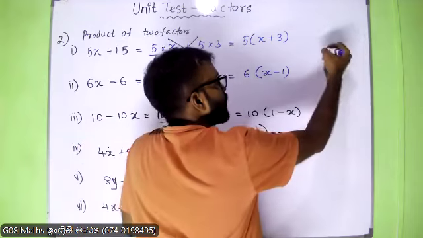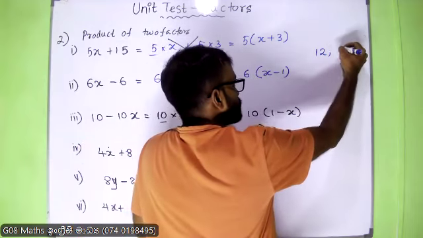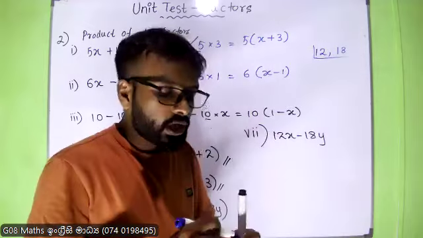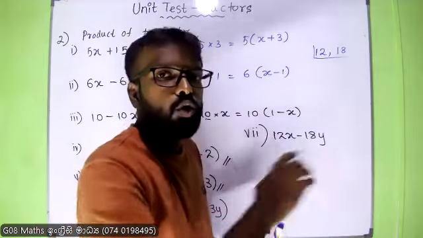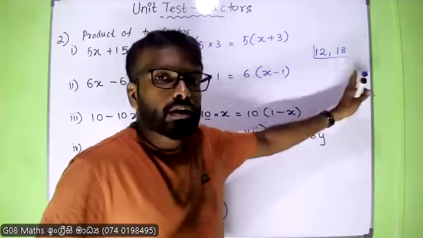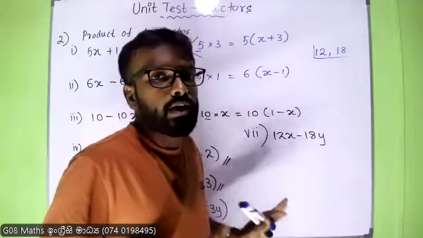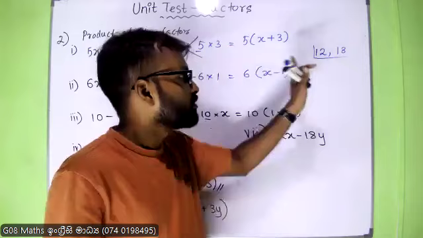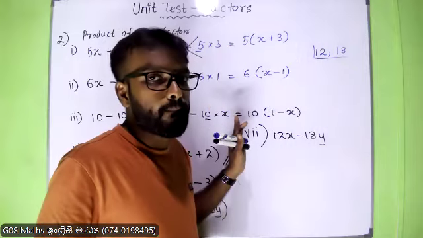So 12 and 18 you have. You know how to find the least common multiple: until you get 1 at the end you have to divide. But here you are not going to do that.